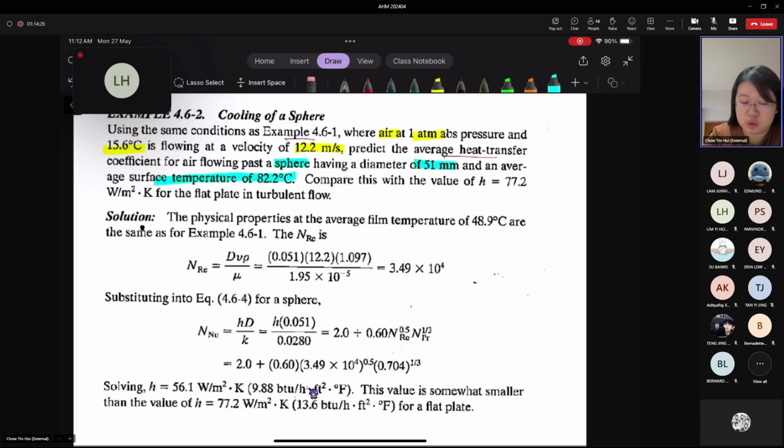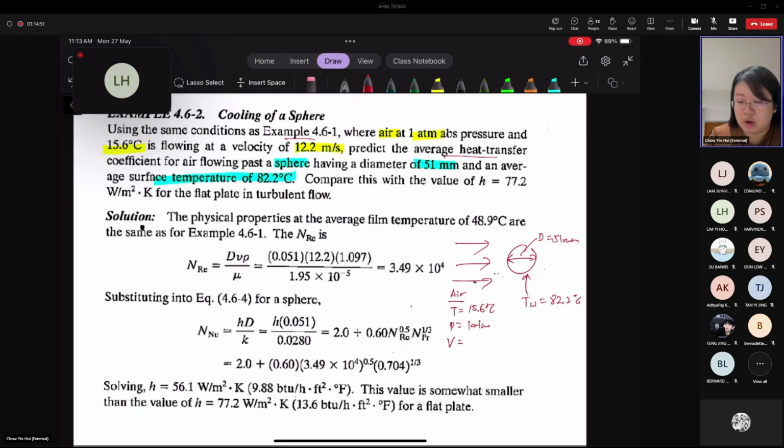and an average surface temperature of 82. If we visualize it, let's say I draw it out, the diameter is 51 mm and the surface temperature, Tw, is 82.2 degrees Celsius, while the air flowing has a temperature of 15.6, pressure of 1 atm absolute, and velocity of 12.2 meters per second.